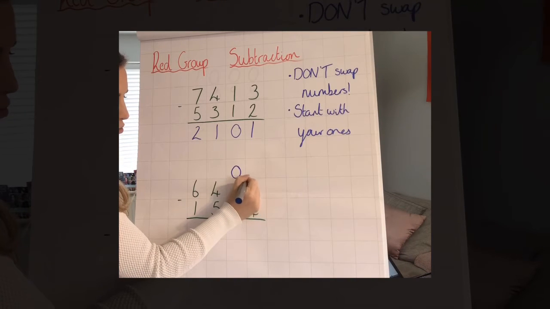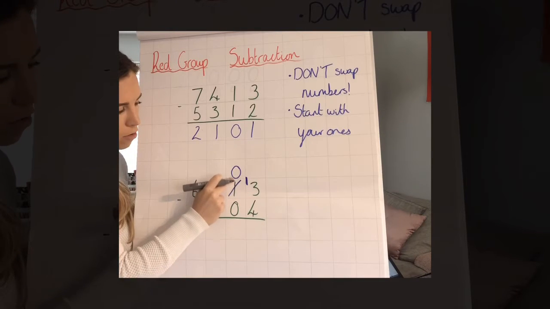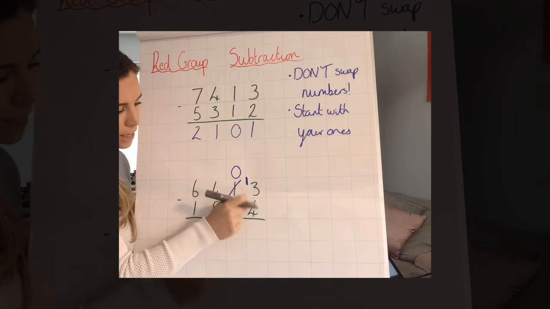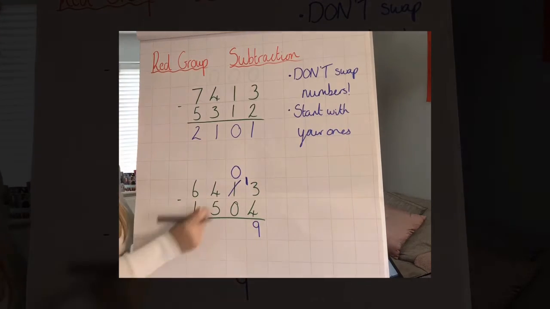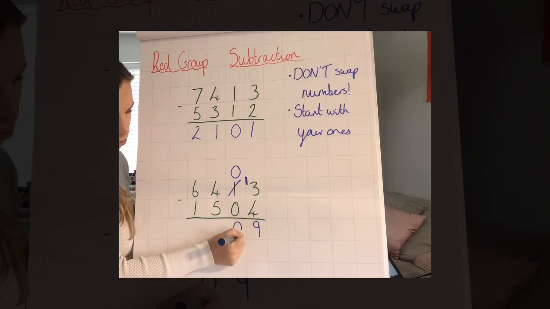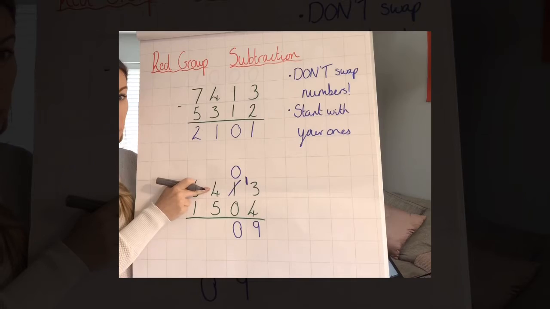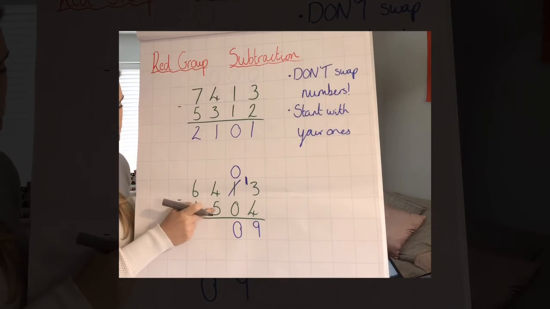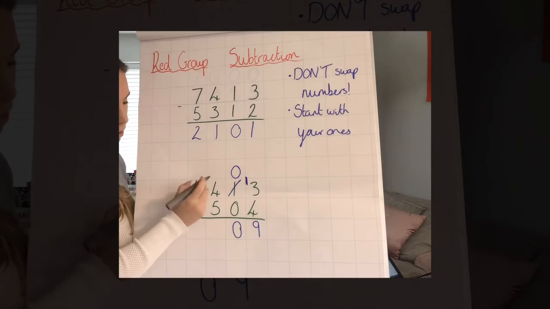This is something you got really good at doing, right? So now I've borrowed a 10 and I've now got 13 take away 4, which is 9. I've got 0 take away 0, which is 0. 4 take away 5, I've got a smaller number on the top than the bottom again, so I know I can't do it, and I've got to borrow from my thousands column.